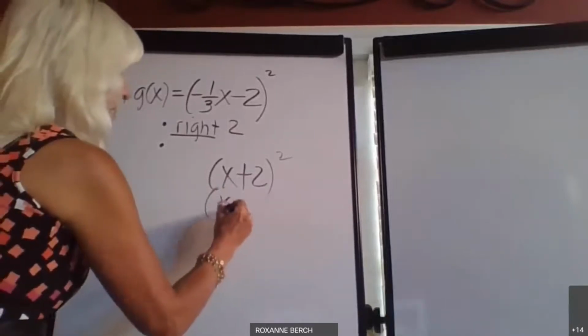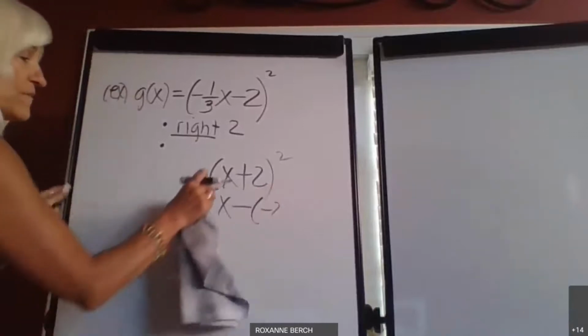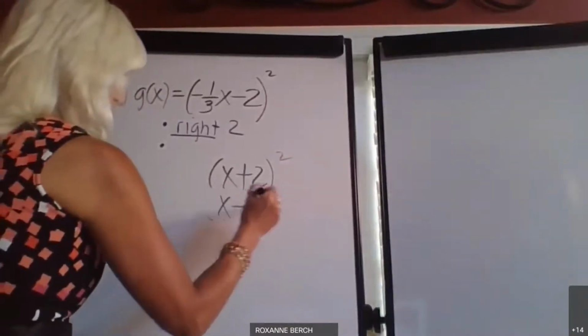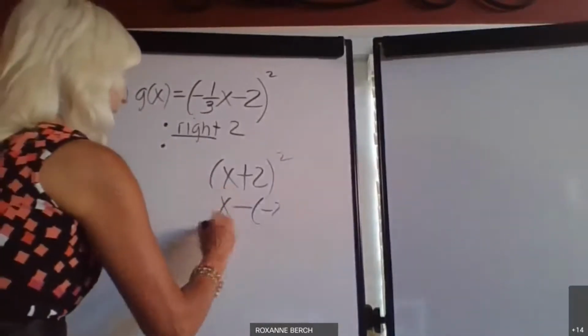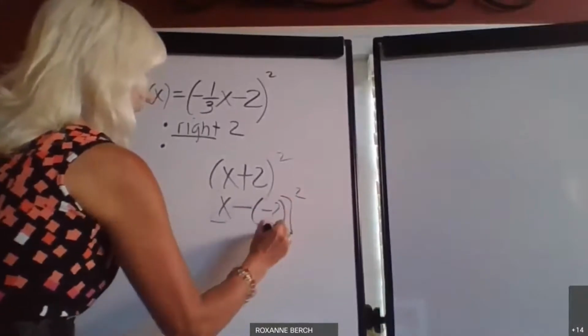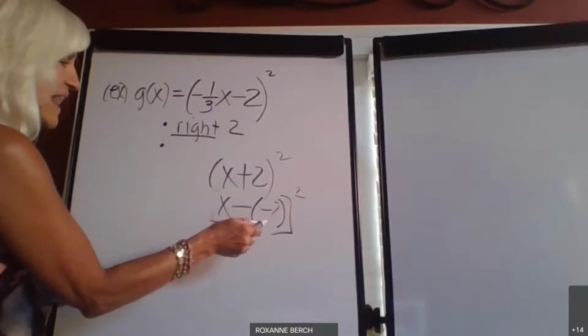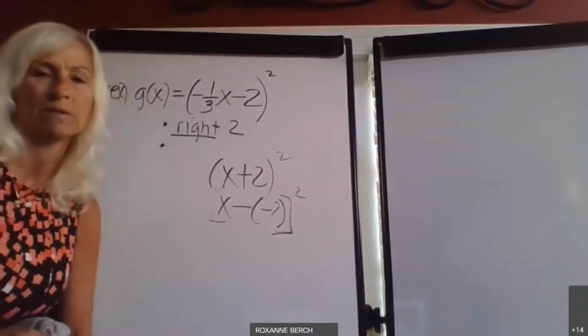So you have to put a minus in there, which makes it left 2. See the difference? This is right 2. This is left 2. Because it has to be written in the form.